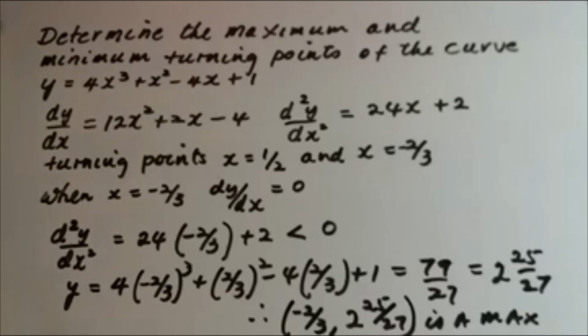Finding our turning points, we have x at a half and x at minus 2 over 3. In turn, we've determined at x equals a half that it was a minimum turning point, and x at minus 2 over 3 is a maximum turning point, or a maximum.